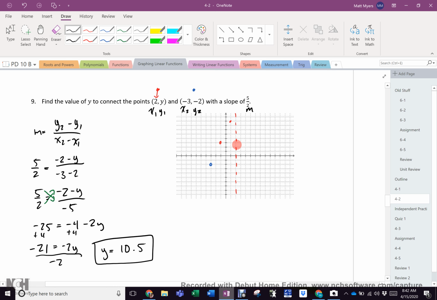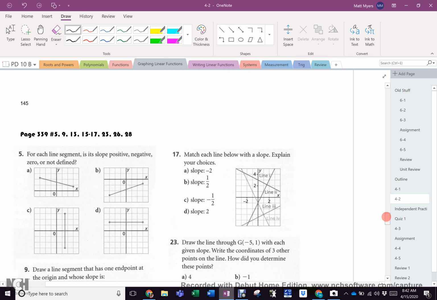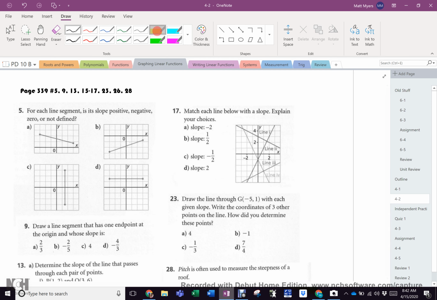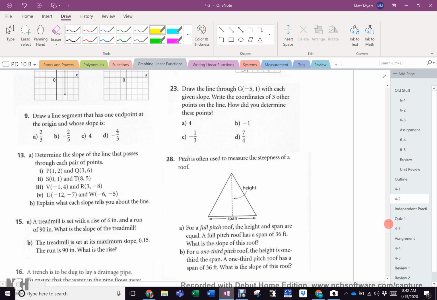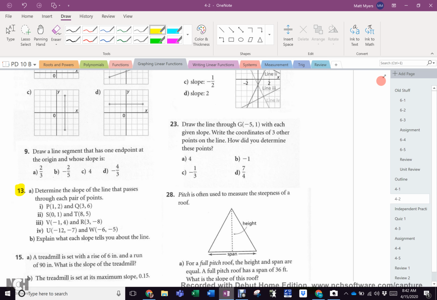That's it for today, ladies and gentlemen. Now, let's go to the work. I want you to do number 5. I want you to do number 13. You can do number 9 just on these graph papers right here. You don't need to go get your own graph paper.